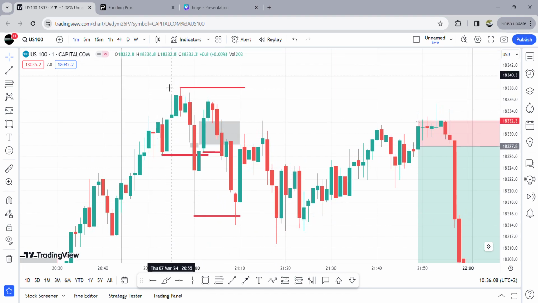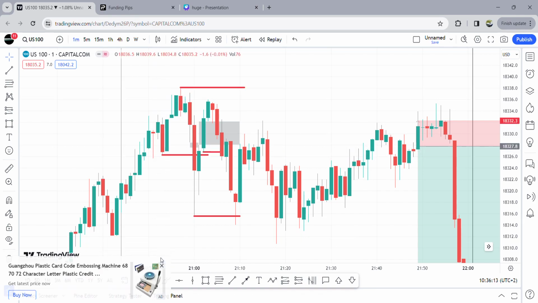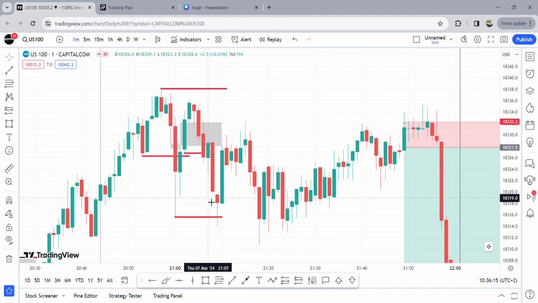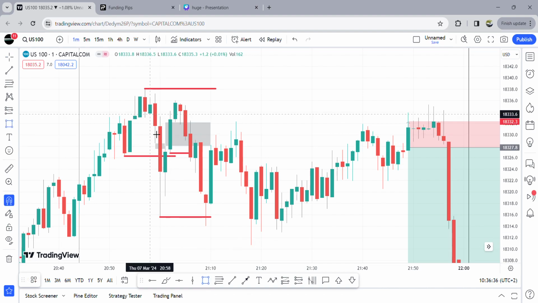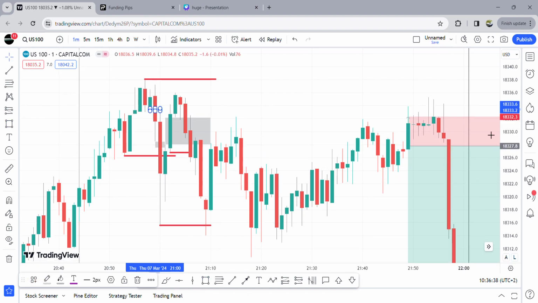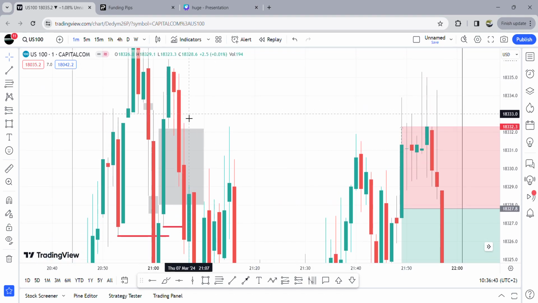Now this high, to me, is important. This swing low is important. And then you're looking for either a retrace back up to this level and then a move down, or fair value gaps above, like here, that it could retrace back into. We're still not looking for entry, we're still looking for confirmation. So this is all my confirmation stages.